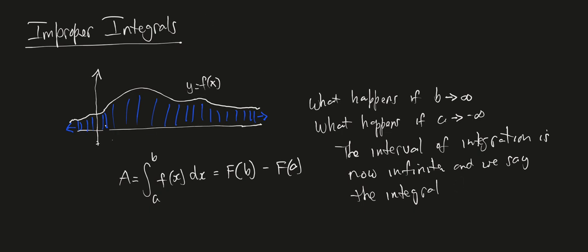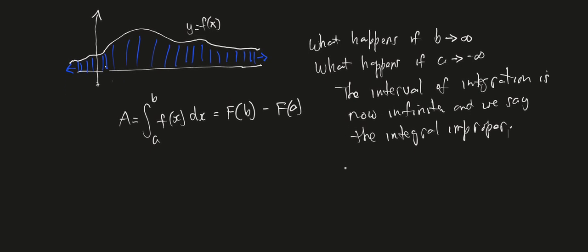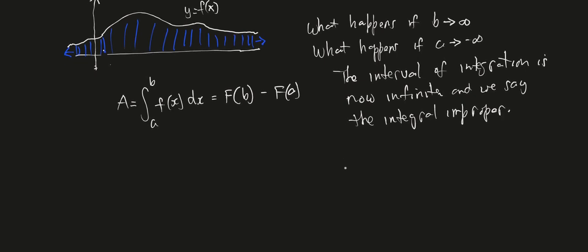So that's one way that it can be improper. That's where one of your limits goes off to either plus or minus infinity.